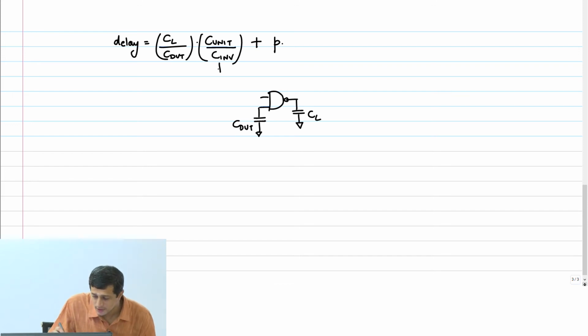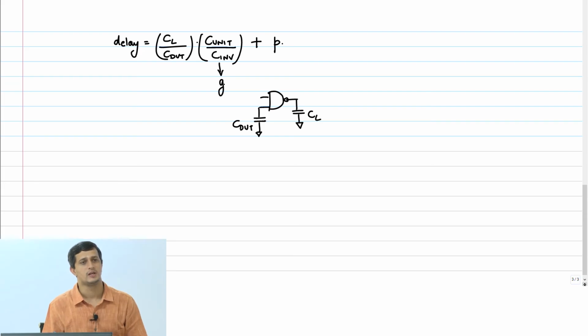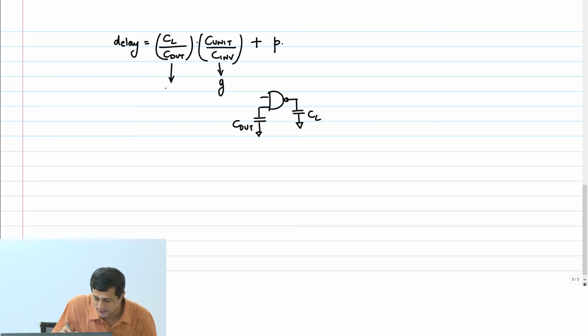We define this to be the logical effort G, and this, as I told you yesterday, is nothing but the electrical effort H, right? So this is parasitic effort, this is logical effort, and this is called electrical effort.